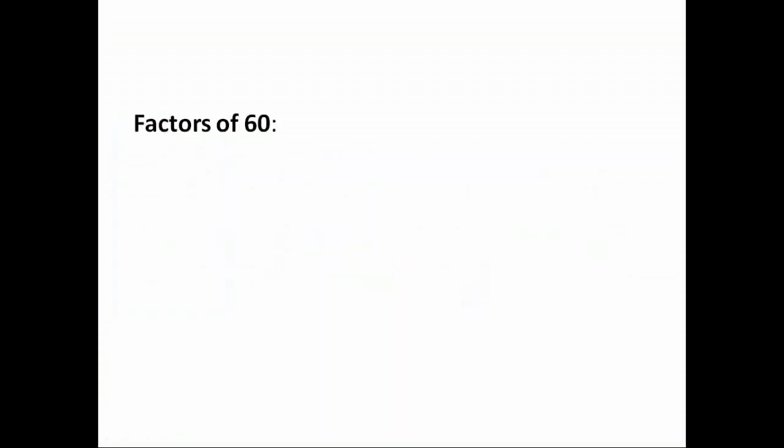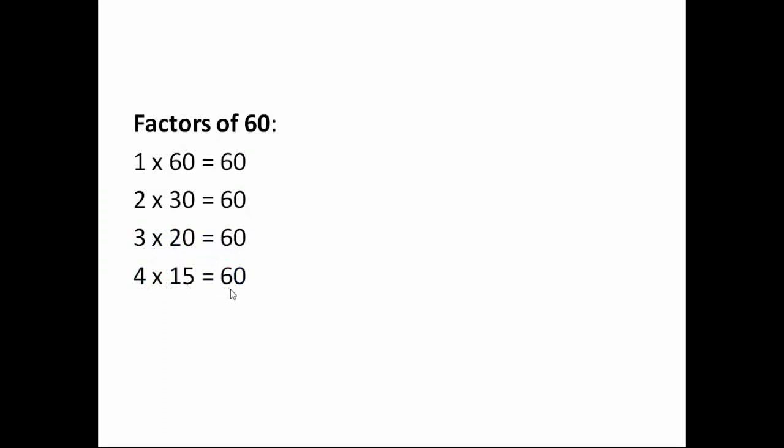Now a number has several factors. Let's find out the factors of 60. So 1 times 60 gives us 60. 2 times 30 will give us 60. 3 times 20 will give us 60. 4 times 15 will give us 60. 5 times 12 will give us 60. 6 times 10 will give us 60.